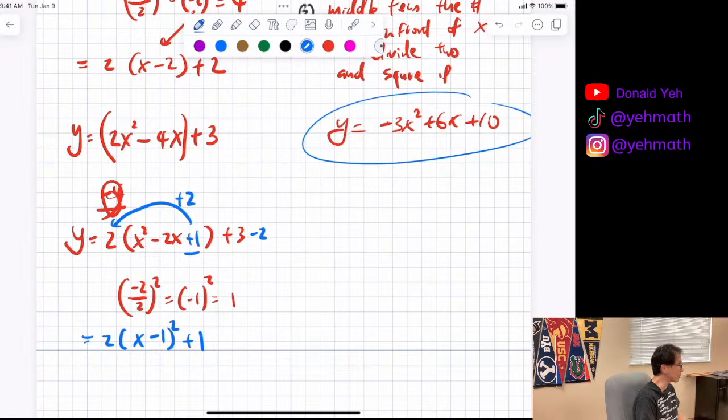The second one's a little bit harder, because this time might be slightly different.